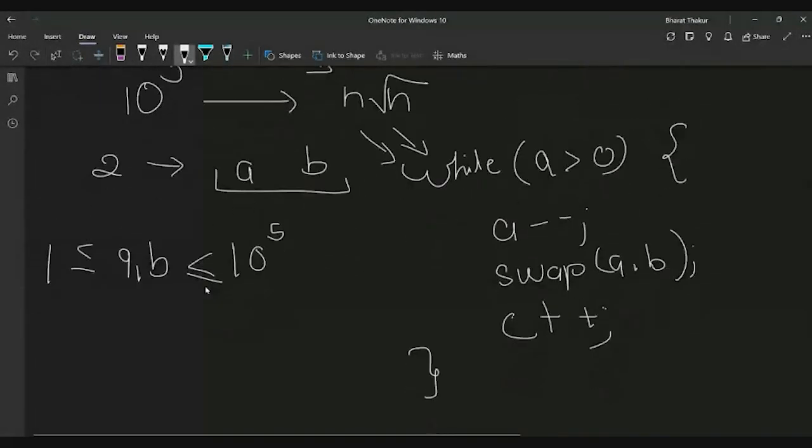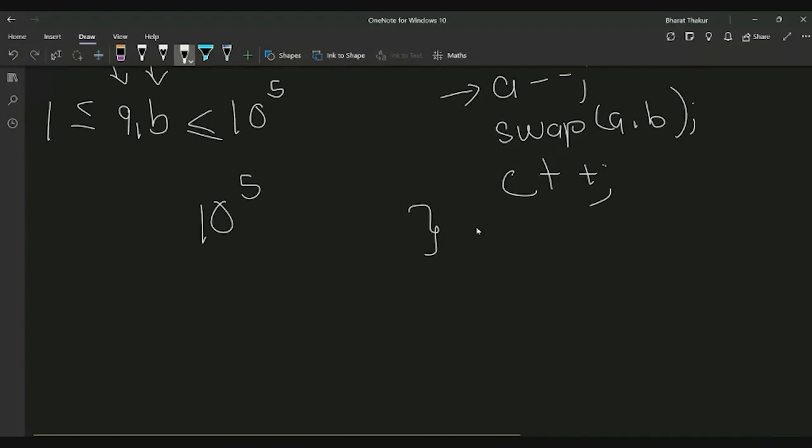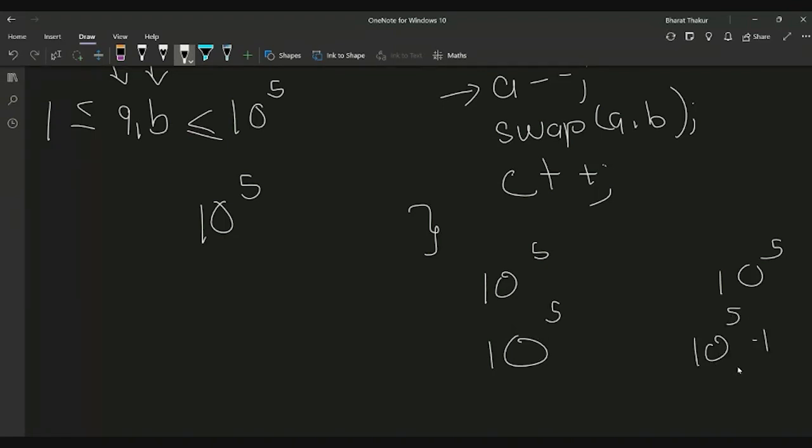So if A and B are less than or equal to 10 power 5, then how many operations will be performed at worst? Let's say that both the values are 10 power 5. Every time we are decrementing the value and swapping it with B. So first A will be 10 power 5, B will be 10 power 5, then A will decrement and we will swap, so 10 power 5, 10 power 5 minus 1.